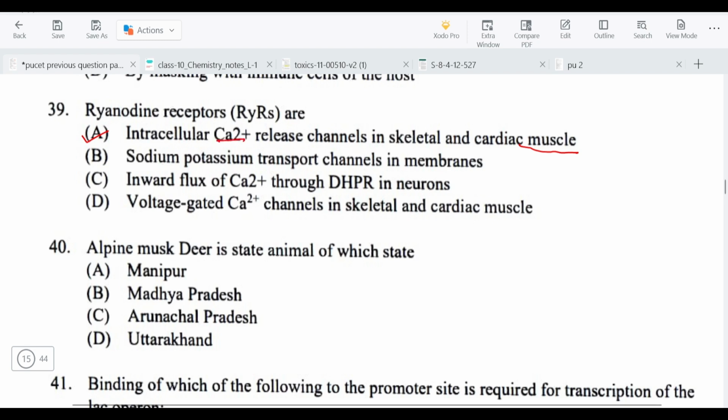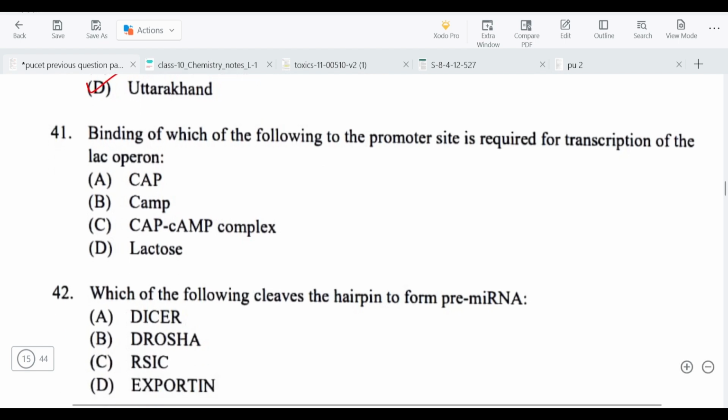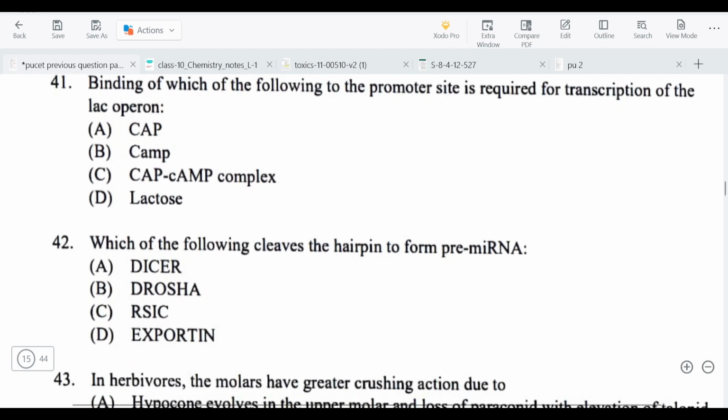Next, alpine musk deer is the state animal of which state? The answer is Uttarakhand, right? Next question, binding of which of the following to the promoter site is required for transcription of the lac operon?